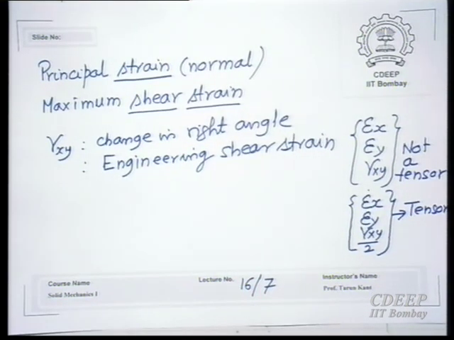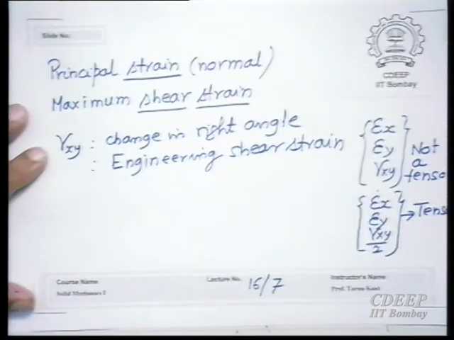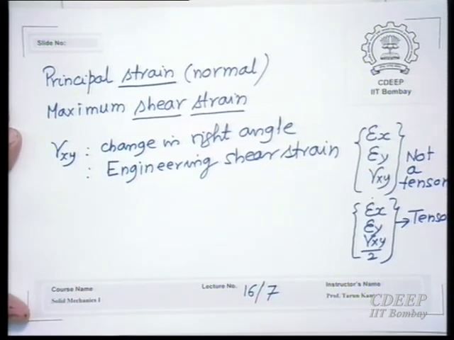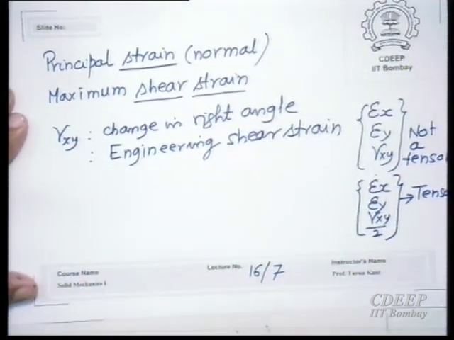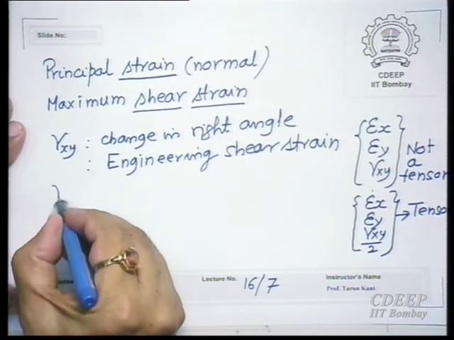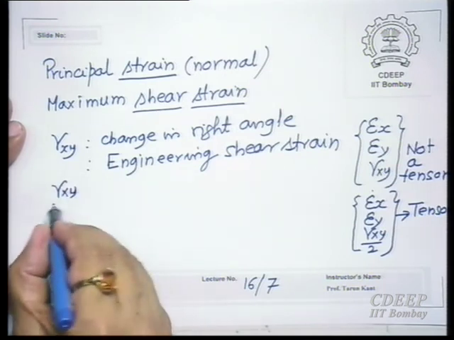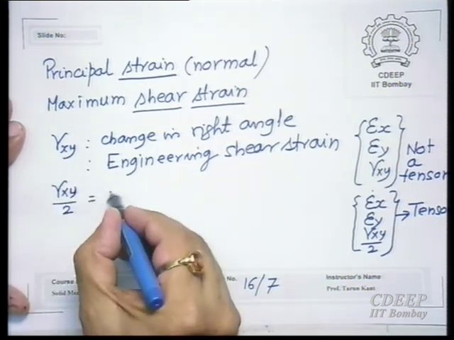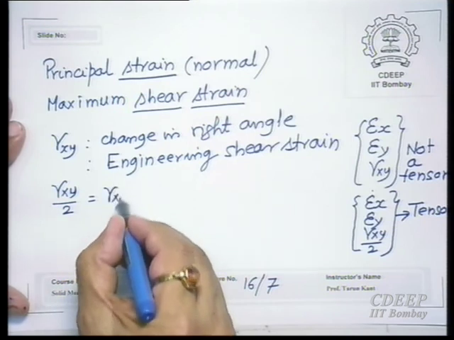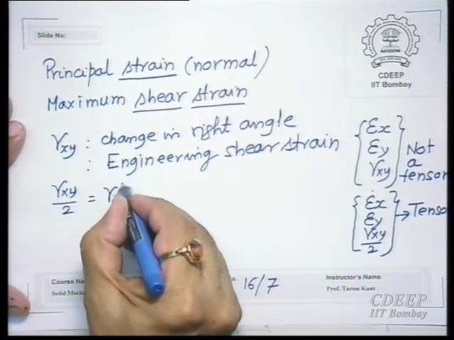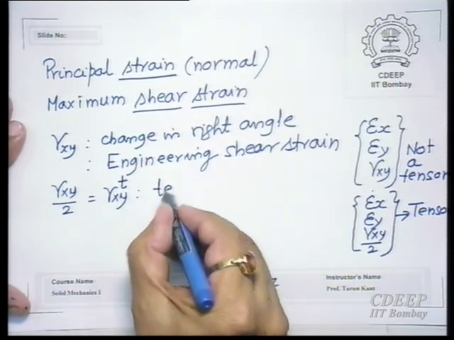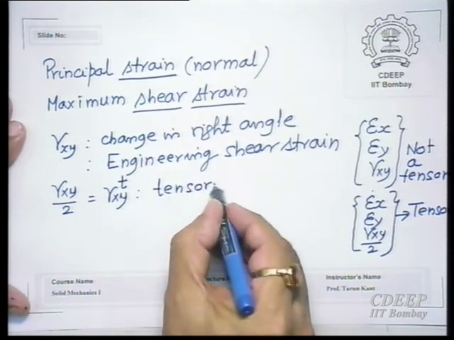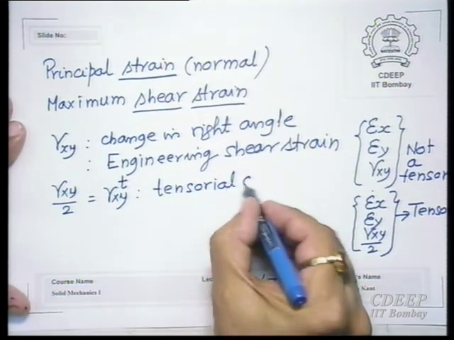So mechanicians, those people who practice mechanics, found a good way of dealing with the strain. They said, why don't you consider half of this and call it gamma xy tensor, that is, the tensorial component of shear strain.